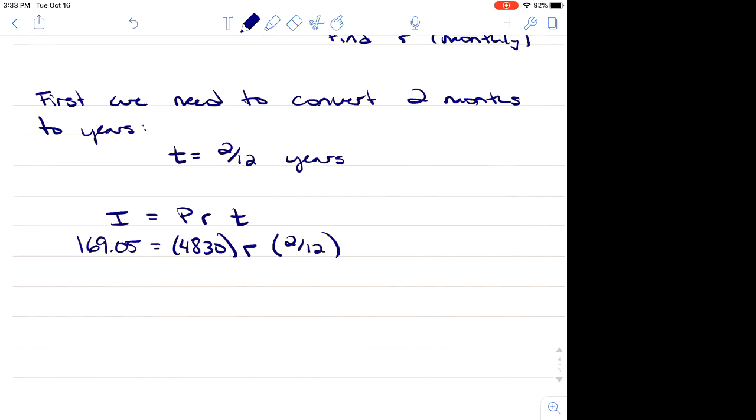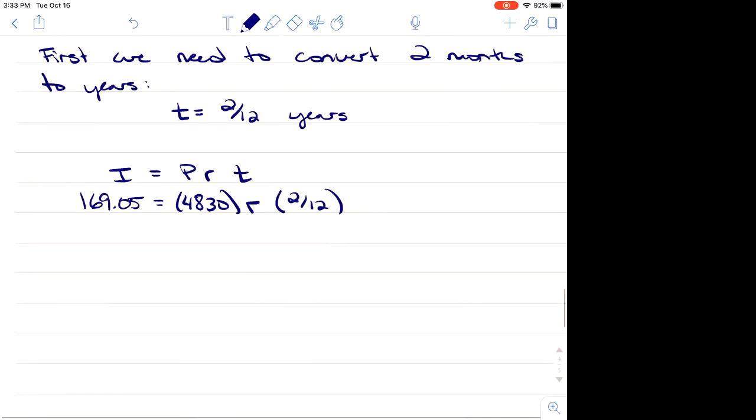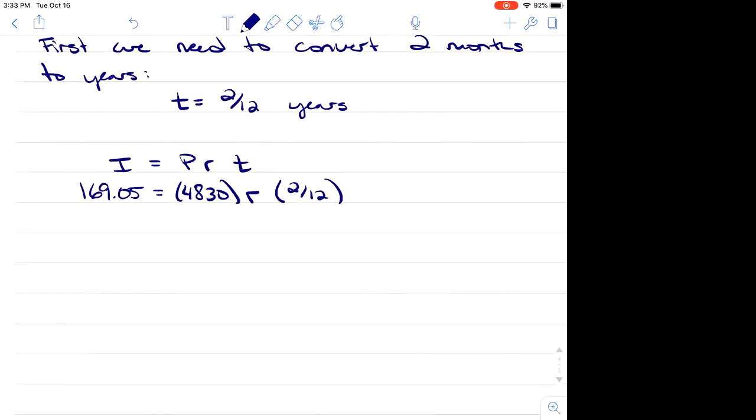So again, we could simplify the 4,830 times 2 over 12, right? Or bring them over and divide 169.05 divided by those two things. So it doesn't matter how we do it. Let's divide them all over.